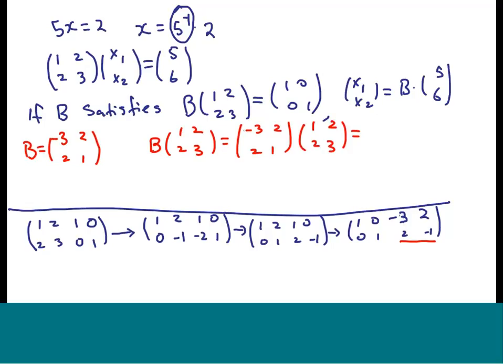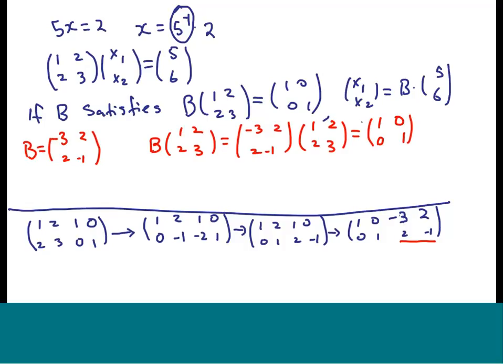That gives -3 plus 4, which is 1 here, then 0 here. Oh, -1, I'm sorry, so -1 here, 0 here, then -1 here, 1 here. So B is what we want.